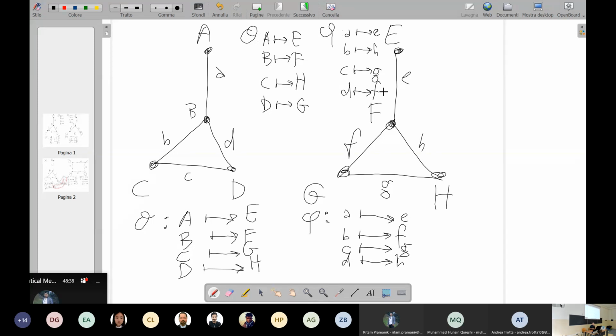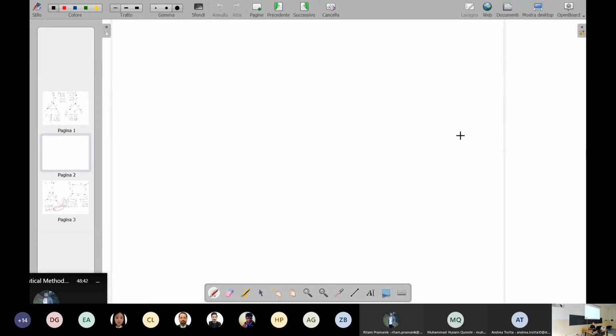But actually, we could also have considered that I have only this, and I can have just two isomorphisms of the graph to itself, okay?